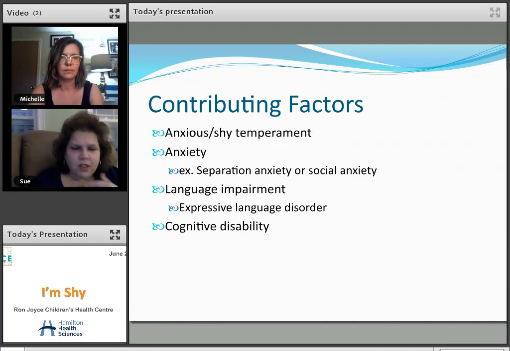And they may have an expressive language disorder. So that's something else that may need to be teased out and assessed, as well as any cognitive disabilities that may be underlying.